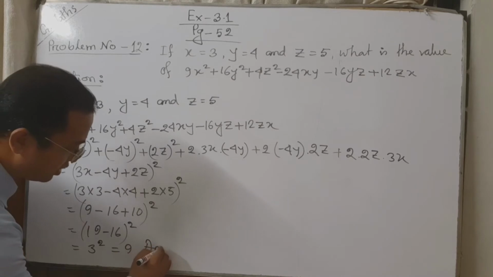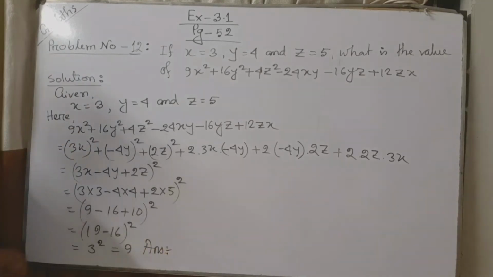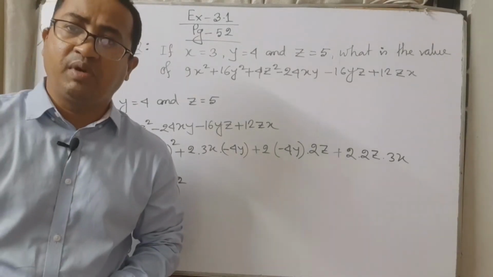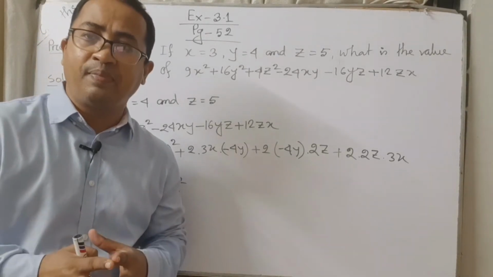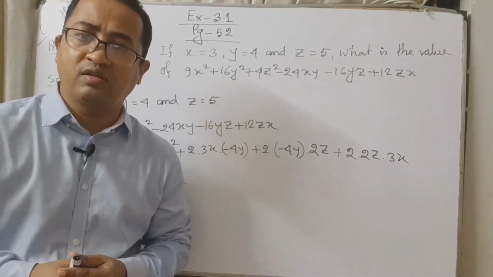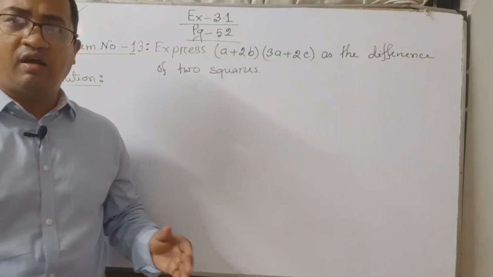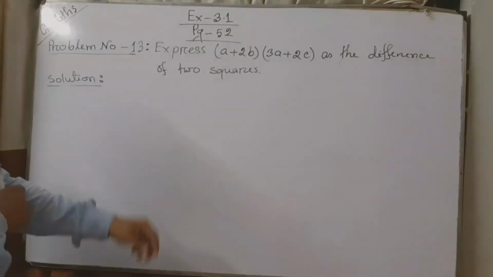So this is our answer. So very easily we have found the value of this expression, but if you wanted to do it directly it would be quite difficult. So my suggestion is this. Now my dear student, I will discuss problem number 13.